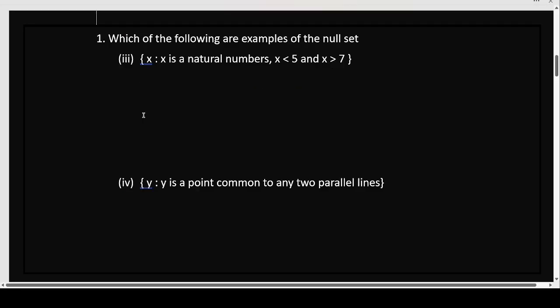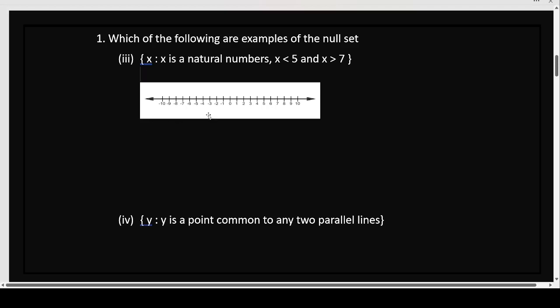Third one: x is such that x is a natural number, x is less than 5 and x is greater than 7. See, x being less than 5 and also greater than 7 is not possible.